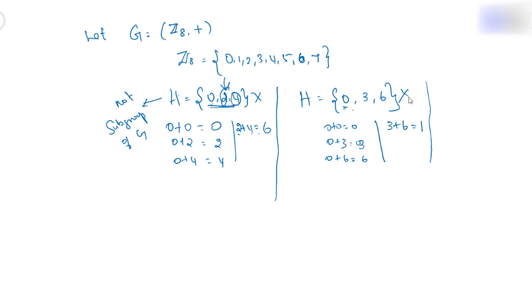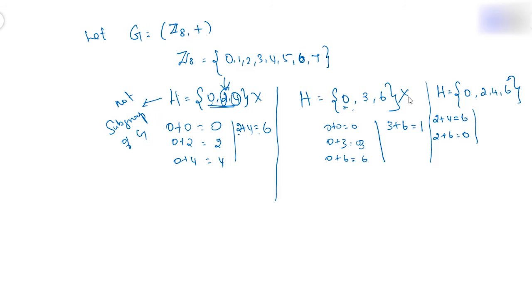Let us find another example which is somewhat easier: 0, 2, 4, 6. I think this works. Now we have to check the closure property. 0 plus anything will be in the set, so we need only check the others. 2 plus 4 is 6, which is inside the set. Next, 2 plus 6 is 8, which is nothing but 0. So it is inside the set.